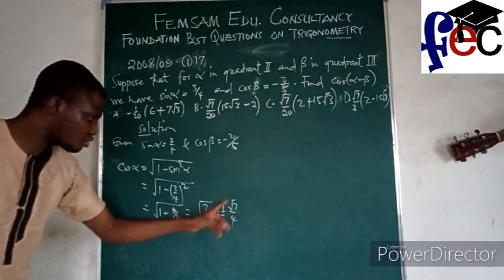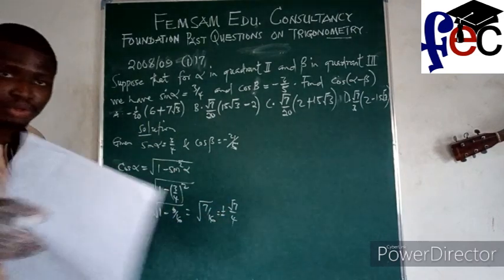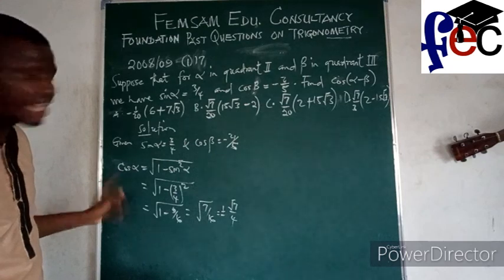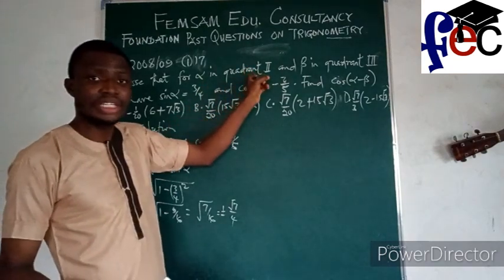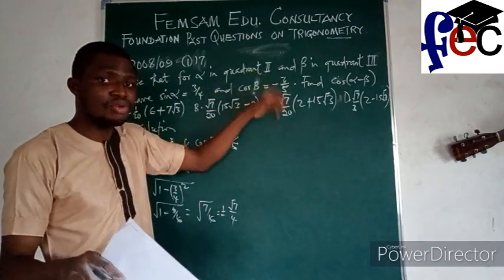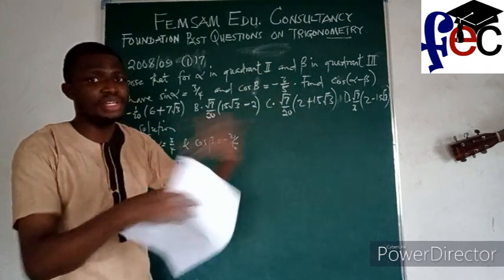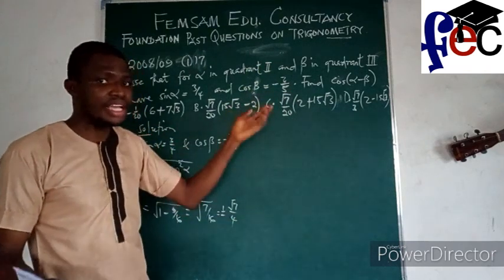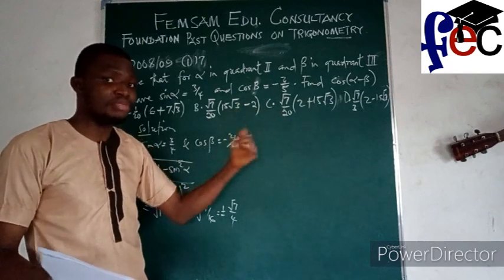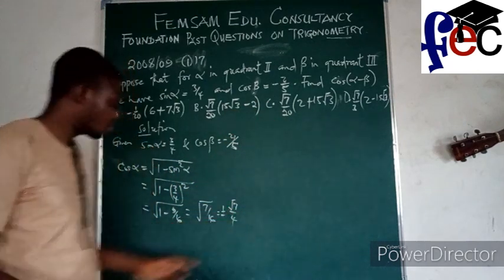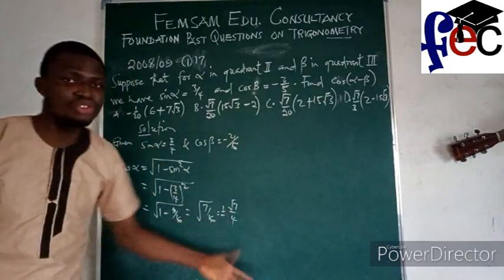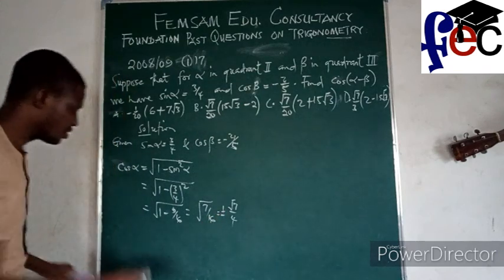But I cannot have these two values for cos alpha. They told me where alpha lies. Alpha lies in the second quadrant, and in the second quadrant it is only sine of an angle that is positive. Every other trigonometric ratio, cosine and tangent, apart from sine, is negative. So that means cos alpha is going to be negative. It can't be positive.